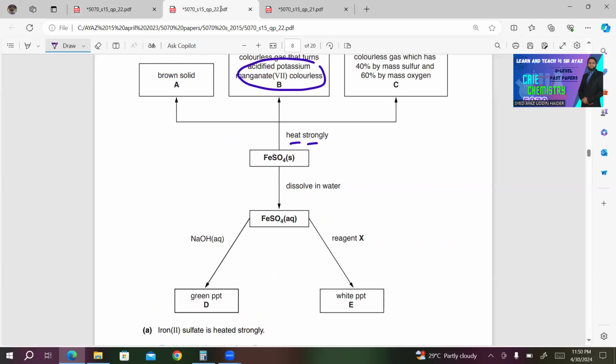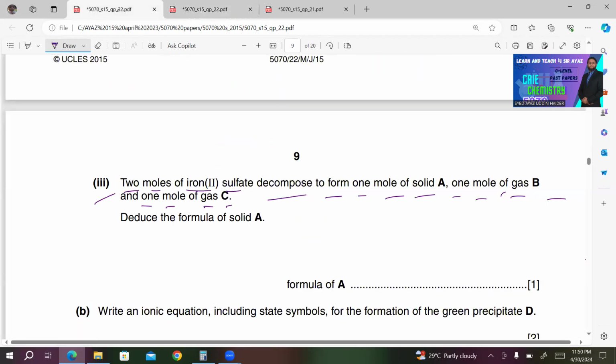What about gas C? Gas C is SO3. So they are asking us to deduce a formula of solid A.